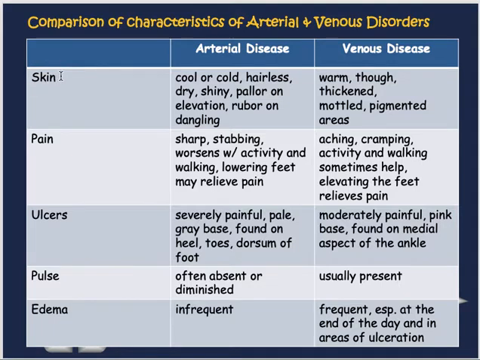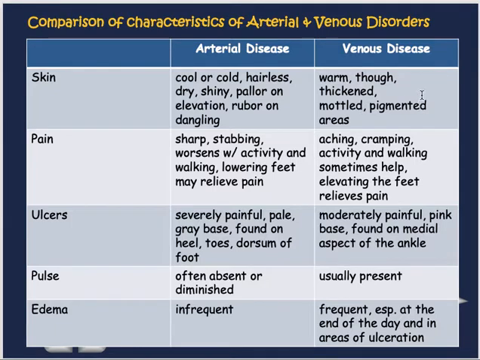When we see or feel the skin, it will be cold, hairless, dry because no fluid is coming towards that area, shiny, and pale. In venous conditions, it will be warm, thickened, mottled, and pigmented.